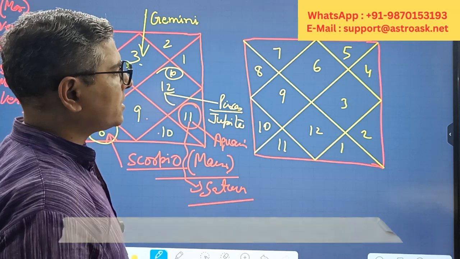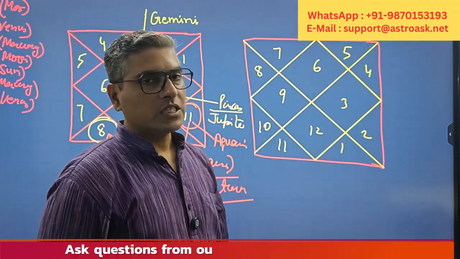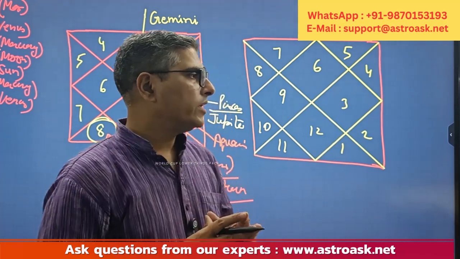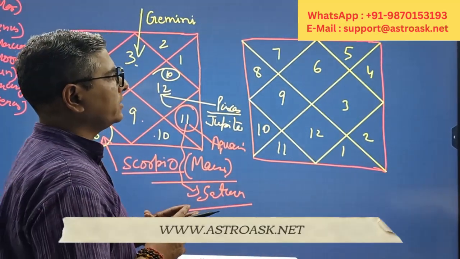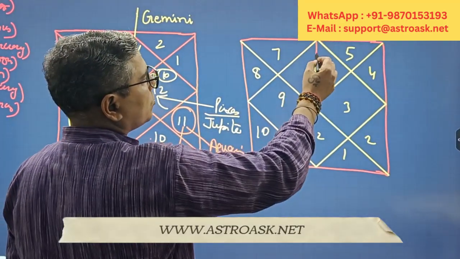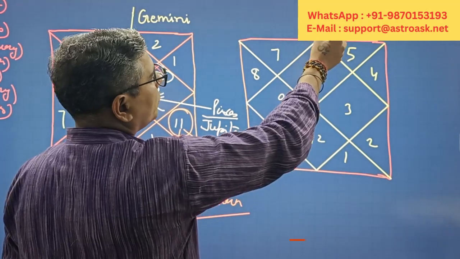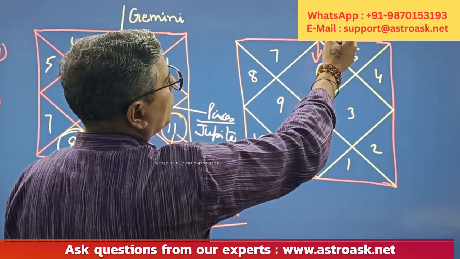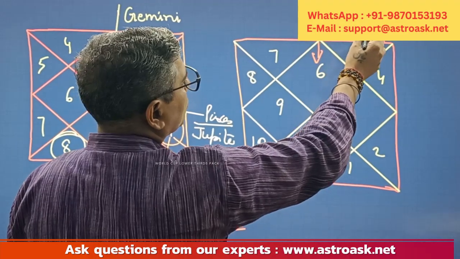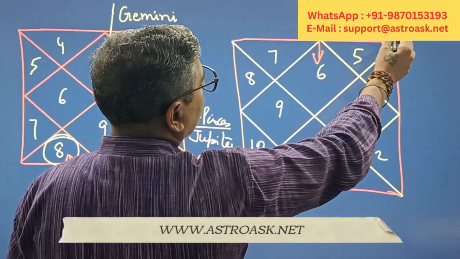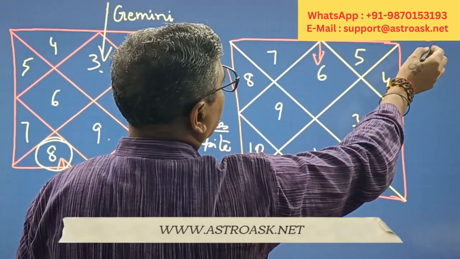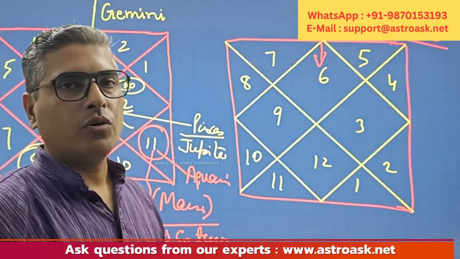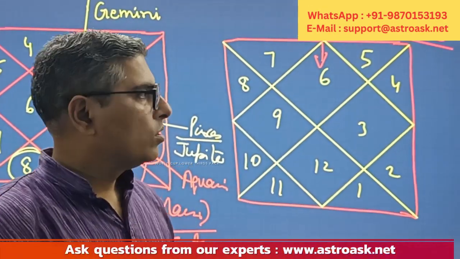So now let's understand this concept in this particular birth chart. You can tell which is the lord of the Lagna, that is the first house. This is your first house, right? Number 6 belongs to Virgo. So the Lagna sign is Virgo, which further belongs to Mercury, or we can say the lord of the first house here is Mercury.